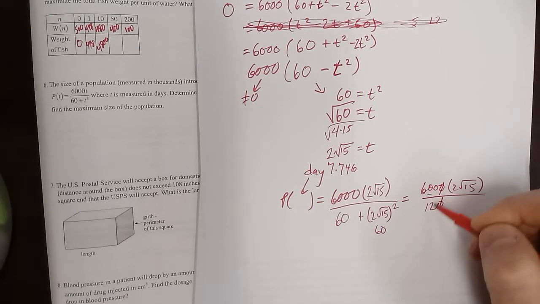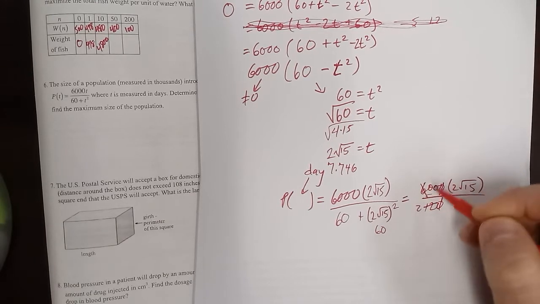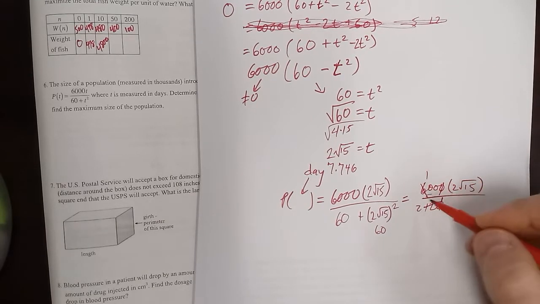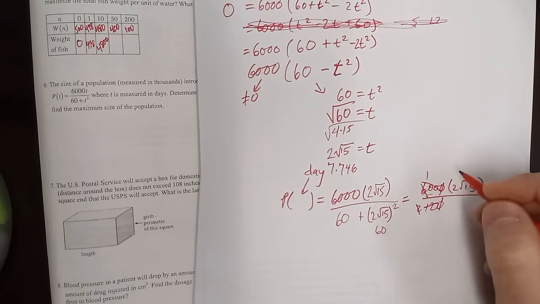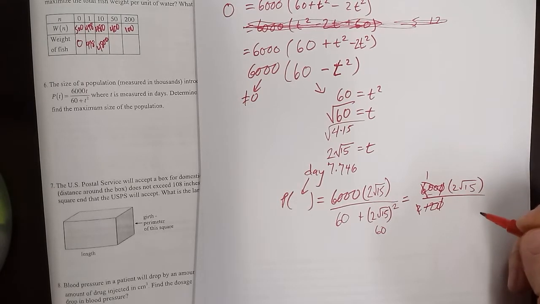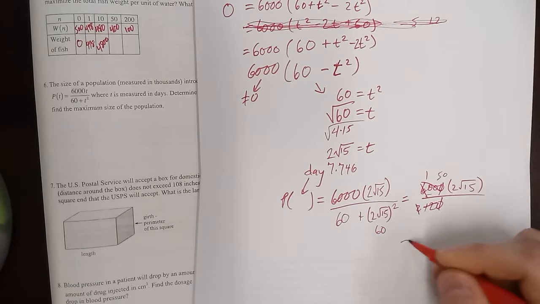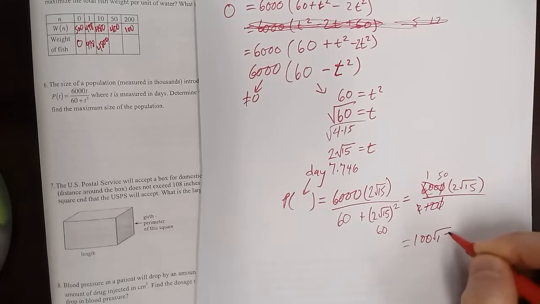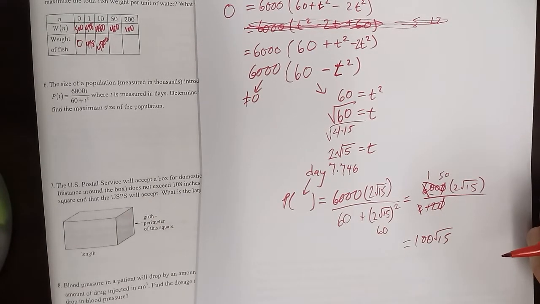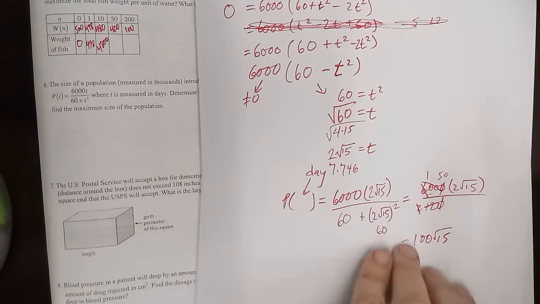Let's see, I could divide them both by 6, and then divide them both by 2 and get 50 up here. So it's 50 times 2 root 15, or 100 root 15, or 387,298 point something or other. So several bacteria.